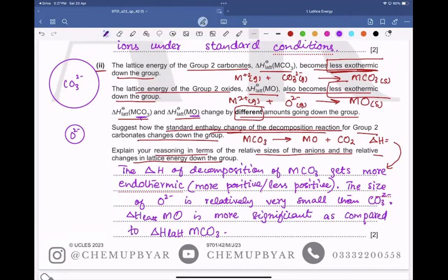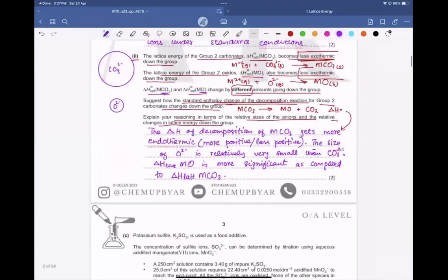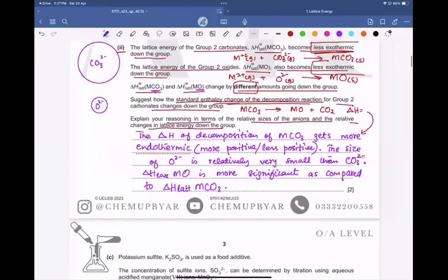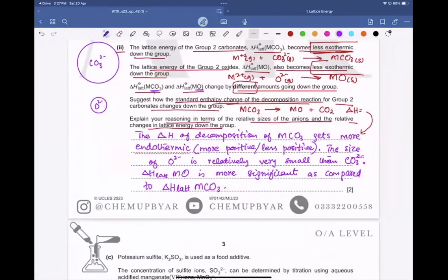Now, if I try to explain this thing graphically, then I think it will be more understandable for you. See, here we get metal carbonate.